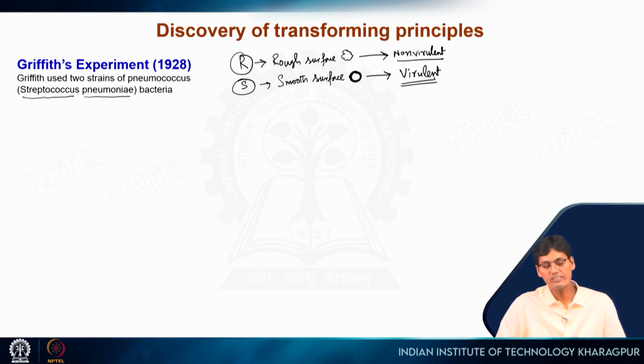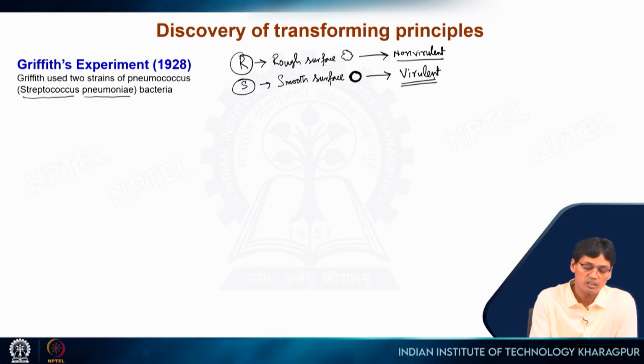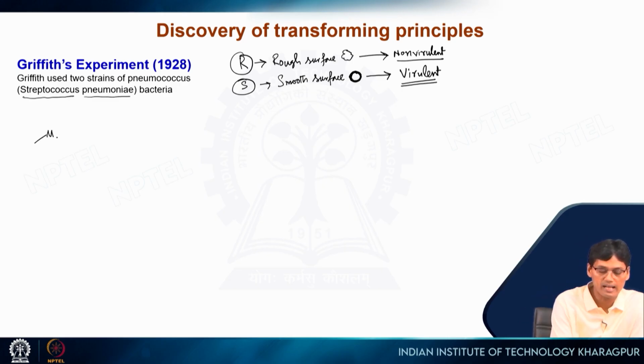Now, Griffith did a series of experiments, and he proved some interesting things. Griffith used the mouse as a model organism. First, he injected the R strain, the rough surface bacteria.